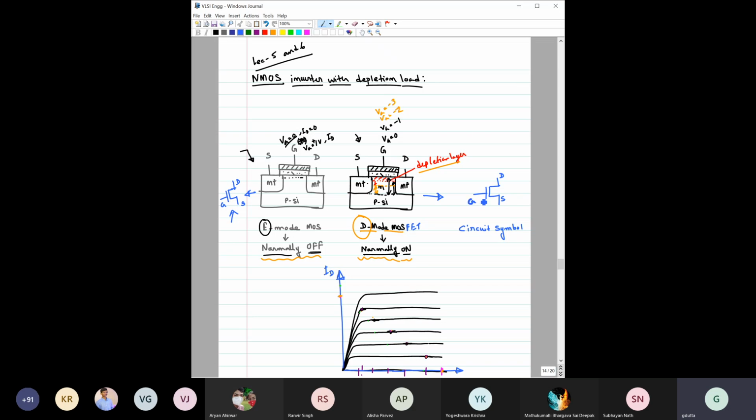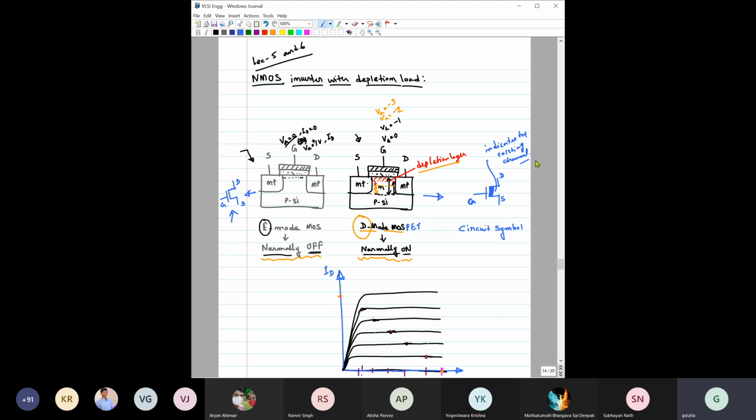Only thing is that to represent that the channel already exists, even before any gate voltage has been applied, we indicate this by a thicker line here. So this indicates the existing channel, right?